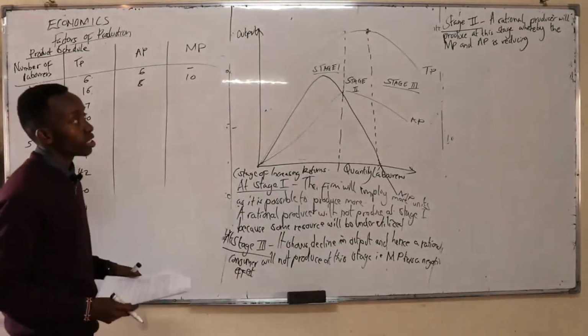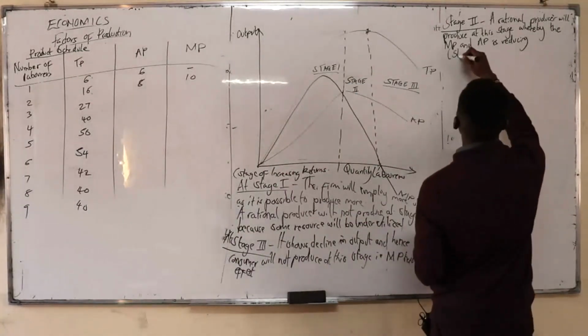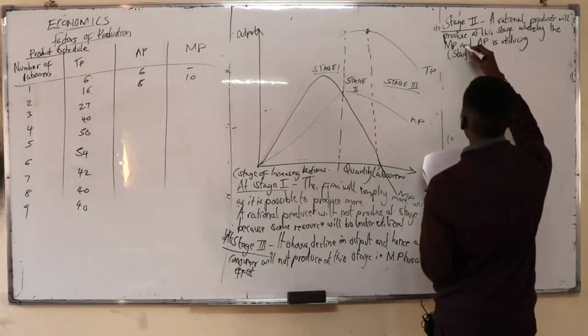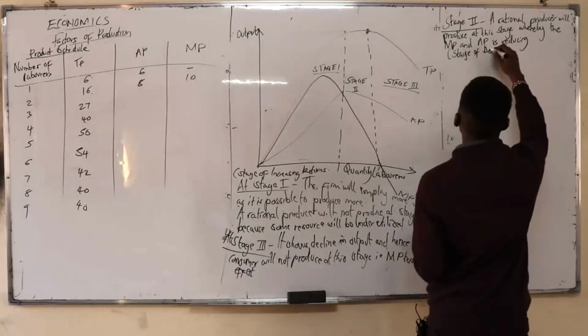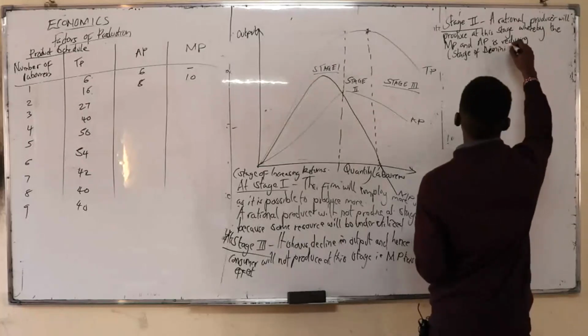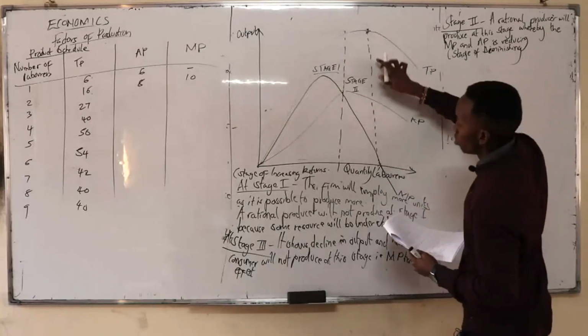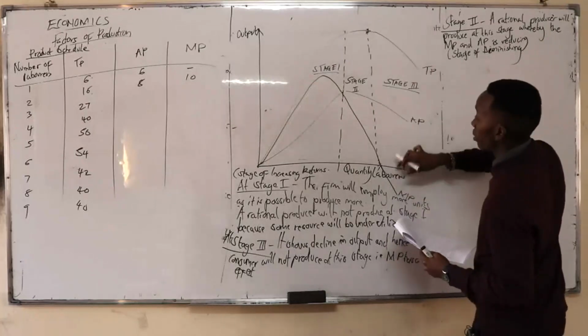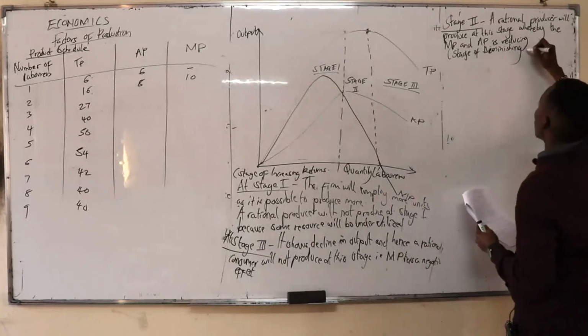The second stage is what we call the stage of diminishing returns. They are diminishing, but they are not negative, or they haven't gotten to the point that any additional unit will start to make the product reduce or decrease. Stage of diminishing returns.